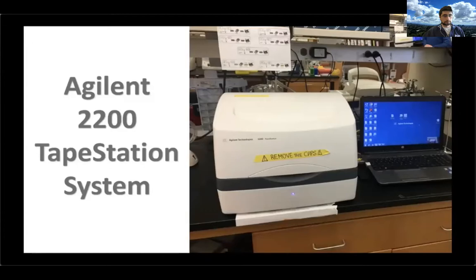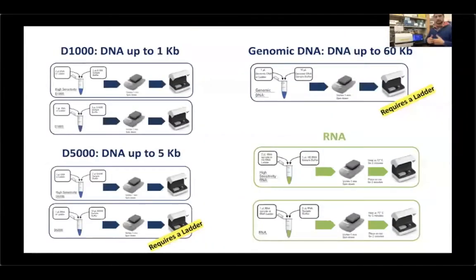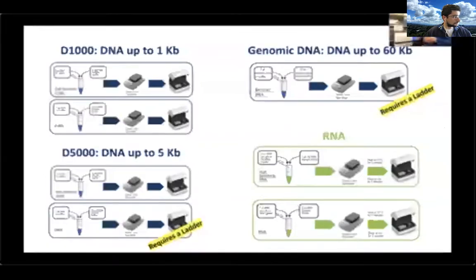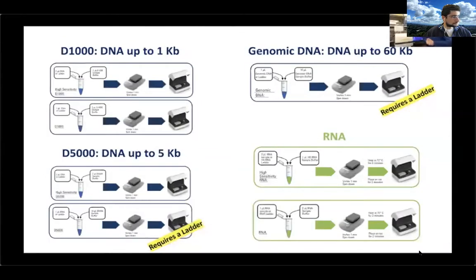There are several applications that you can run with the TapeStation. I think there's an extra application that you can run in newer models. However, these are the main applications that I see people using here in the lab. So we have a D1000, which is basically you have the information of your DNA up to 1 kb in length. And you have regular sensitivity and high sensitivity.